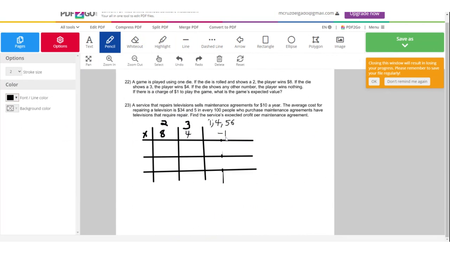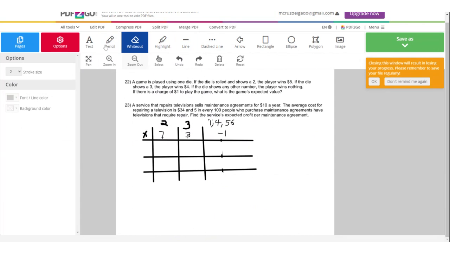Now, what I should have done over here is take into account the fact that they're paying for this one. So this would be $7 because you're having to pay the dollar to play, so you're only getting $7. And then this is just going to be 3. So those are the only 3 different things that can happen.